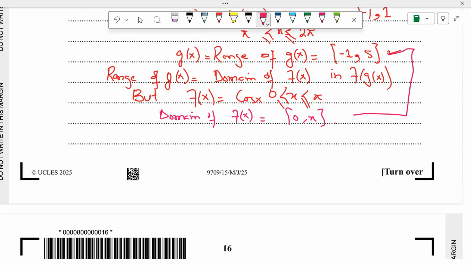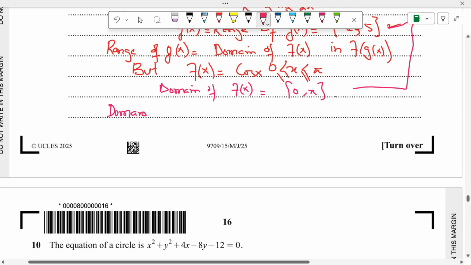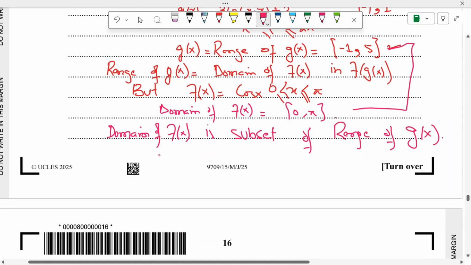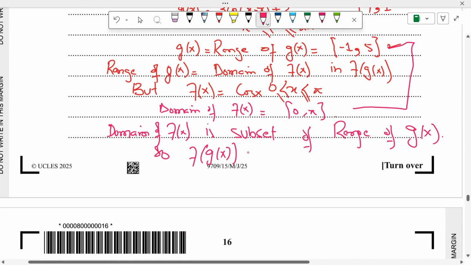When comparing these two values, we can say that the domain of f of x is a subset of the range of g of x. So f of g of x, or fg, cannot be formed.